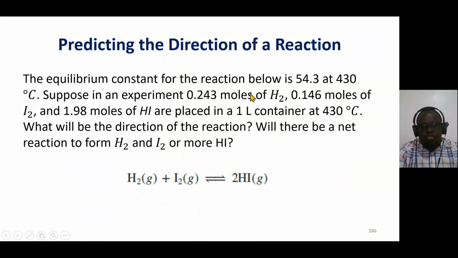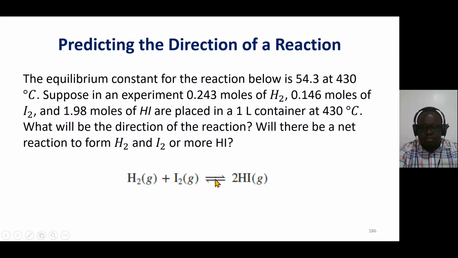You're told that for this particular reaction, which is at equilibrium, the equilibrium constant is 54.3 at 430 degrees Celsius.